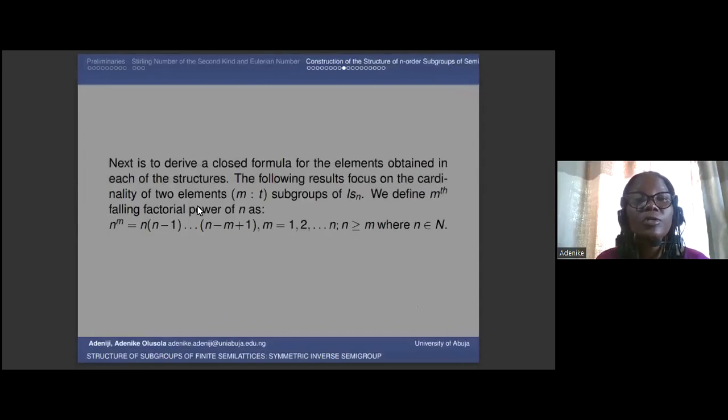So now, having known that, we want to derive a closed formula for the elements obtained in each of the structures. And that is when we introduce the m-falling factorial. The m-falling factorial is defined as follows, as you can see here.